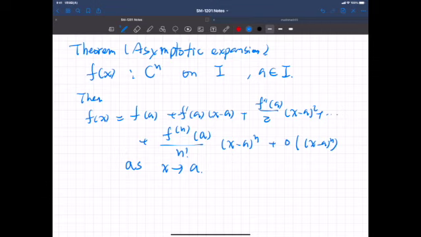This is called the asymptotic expansion of f of x.